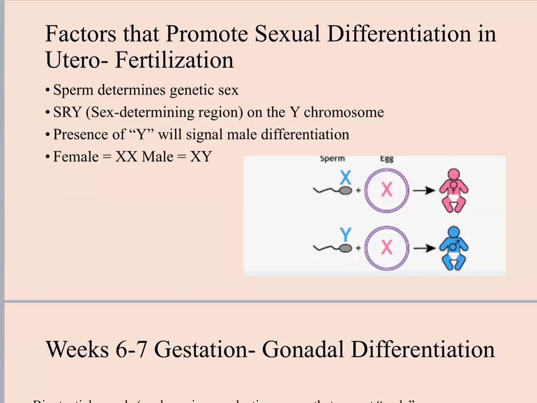So that is actually something called the SRY, kind of looks like "sorry," the sex determining region on the Y chromosome. The presence of that Y is what signals for that embryo to differentiate as a male. So a female is XX, a male is XY. So that happens right at fertilization.